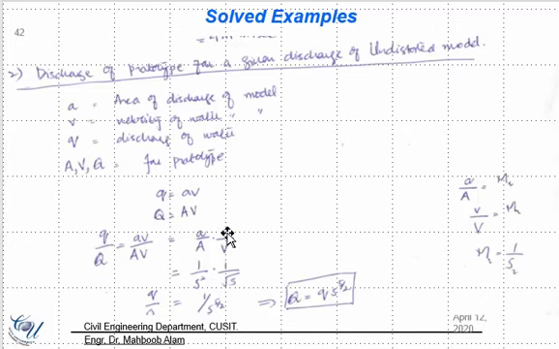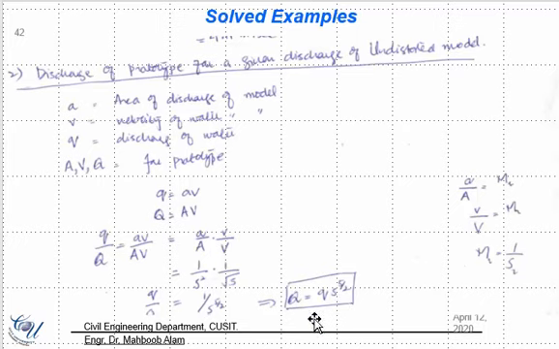Now we are using here 1 by s square because we already know that this is the model ratio. We have to convert it to the scale ratio, and because area is meter square, we have to use 1 over s square. Similarly, this ratio was earlier proved to be 1 divided by under root s. We just put all the values, and finally we come across Q is equal to q s to the power 5 by 2.